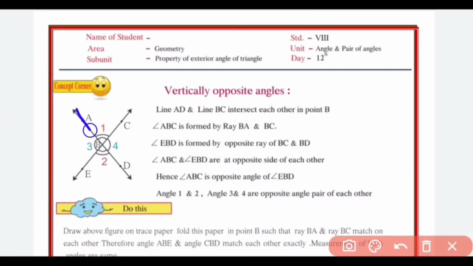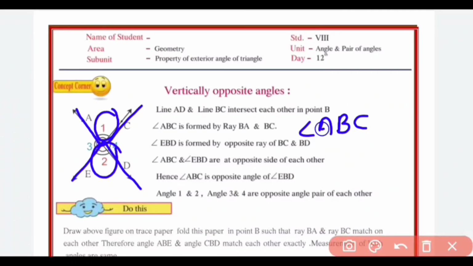We can see here angle ABC and angle EBD are vertically opposite angles. They are shown in red color, 1 and 2. These are vertically opposite angles and they are congruent with each other. So angle ABC and angle EBD are vertically opposite angles and they are equal, or congruent with each other.